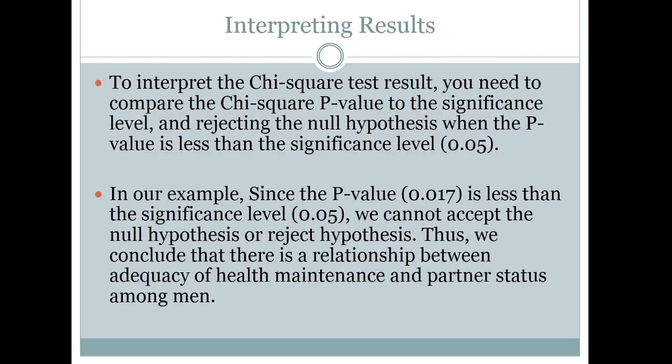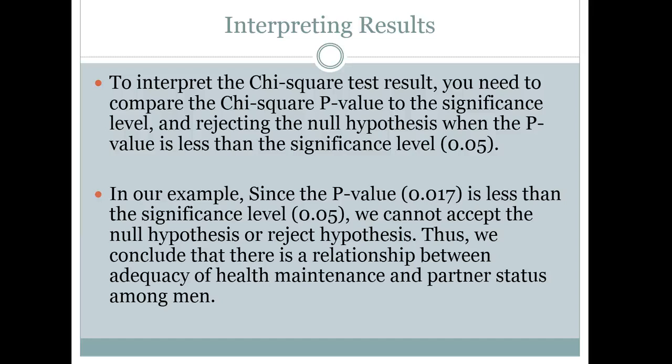So to do a formal interpretation of the results, the rule is very simple. You need to compare the chi-square p-value to the significance level, and then reject the null hypothesis when the p-value is less than the significance level of 0.05.